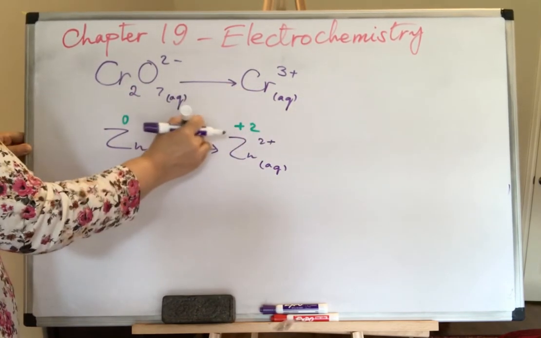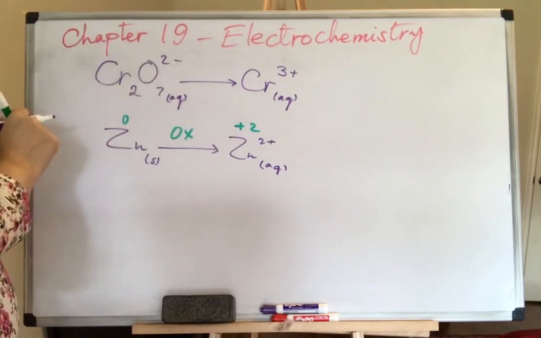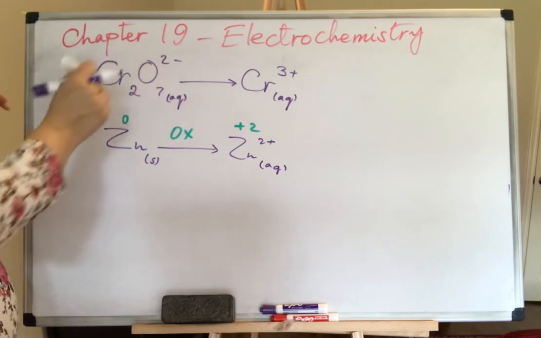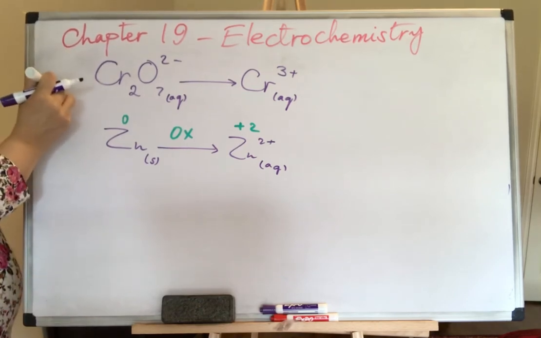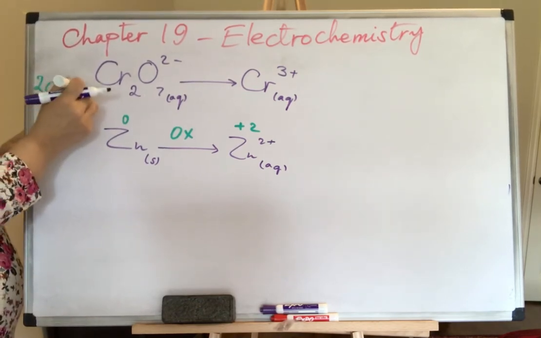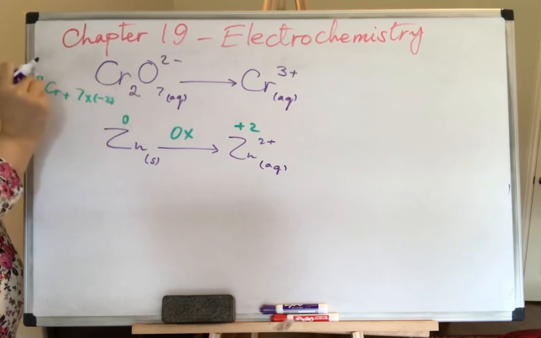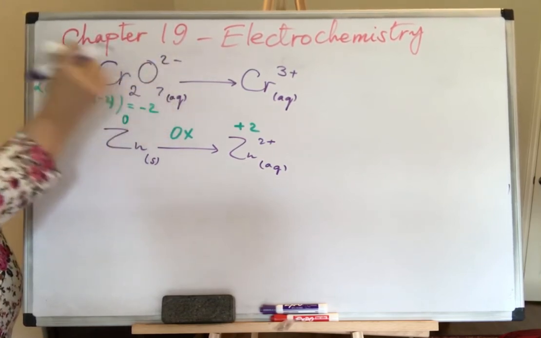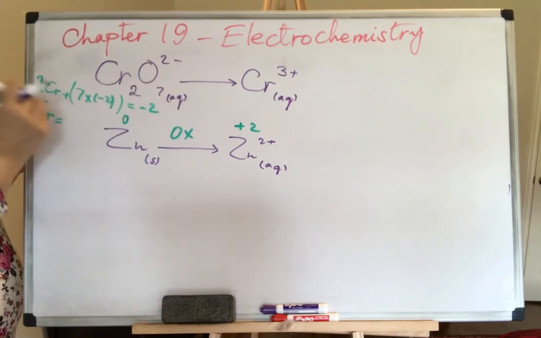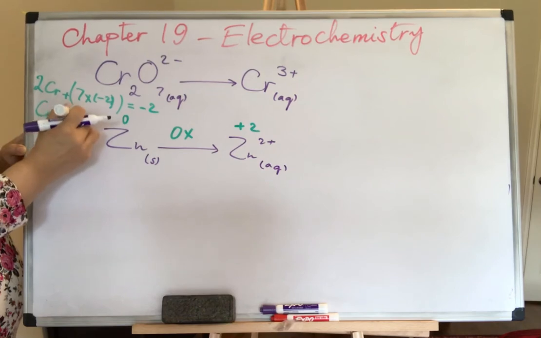So this has been oxidized because the oxidation number increased. And the oxidation number of chromium, you will find it again: 2 chromium, plus 7 times negative 2 for oxygens. What is the total? It must be equal to negative 2. So when you find it, the oxidation number for chromium is going to be positive 6.